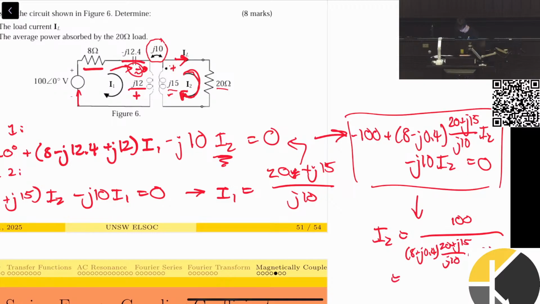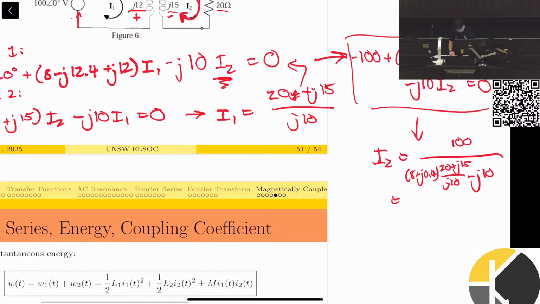And that gives us a value of 3.46 with an angle of 67.2 degrees.